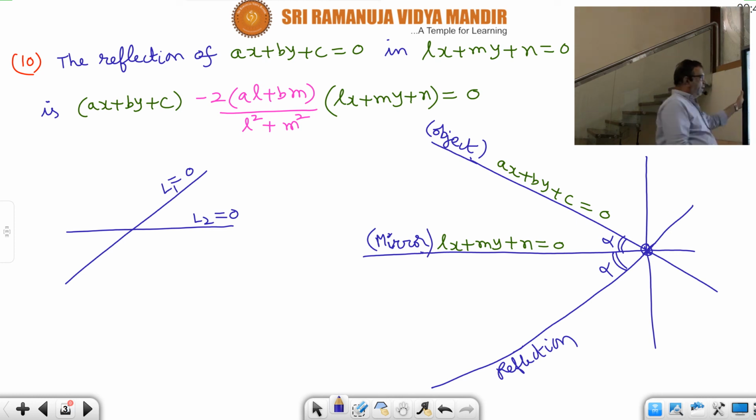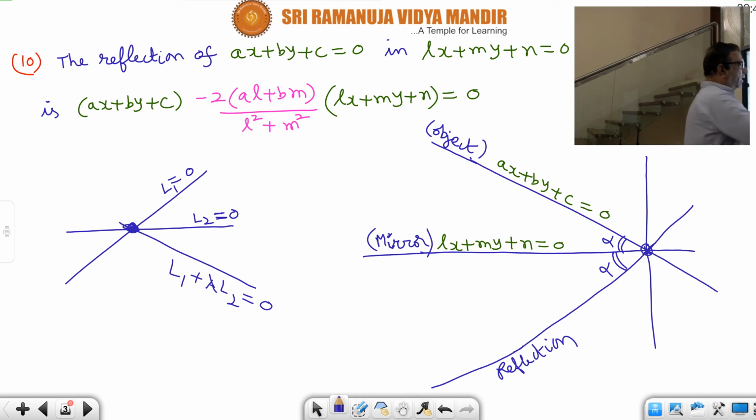L1 equal to 0, L2 equal to 0 are two lines. Then any line passing through their point of intersection will be in what form? L1 plus lambda L2 is equal to 0. By giving different values to lambda, you will get different lines passing through this point of intersection. L1 plus lambda L2 equal to 0.